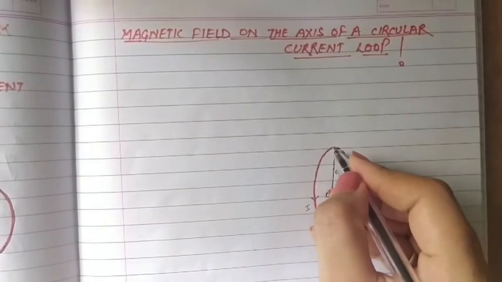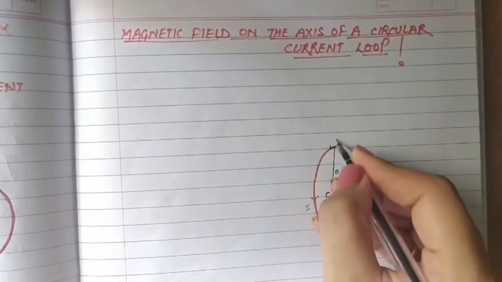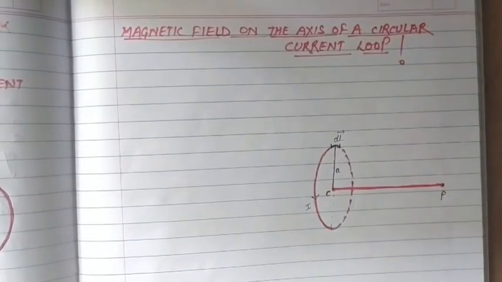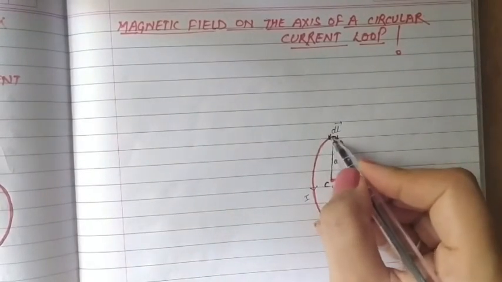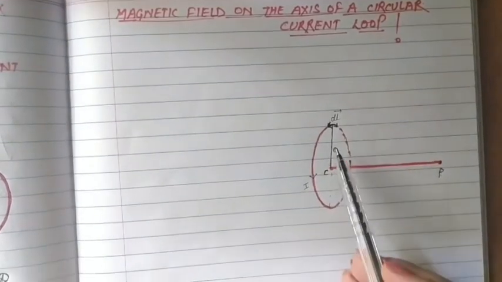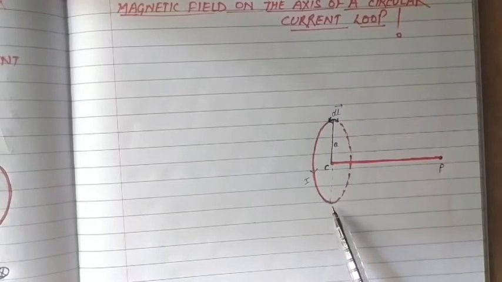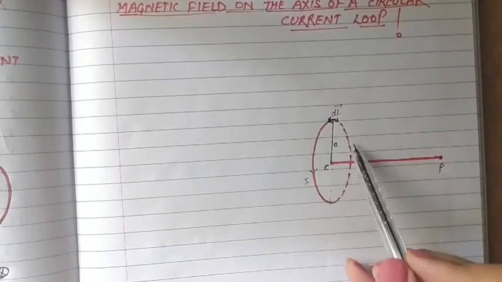So we consider a single segment, a current element. This is a current element of length dl vector, and its direction is like this because current is flowing in this direction. One more thing: the loop we considered is perpendicular to the plane of the paper. Here I am showing half of the loop with a bold line and half with a dotted line.